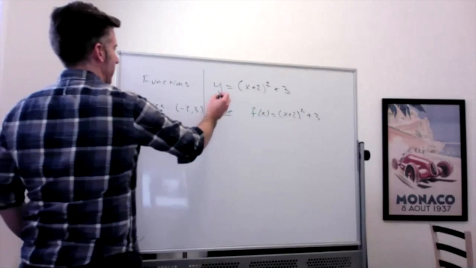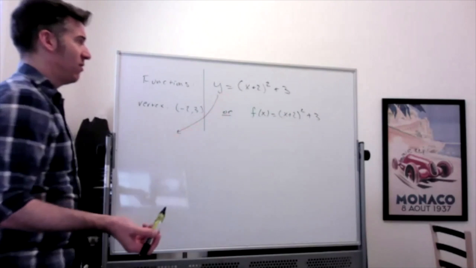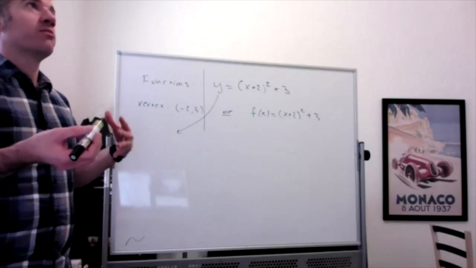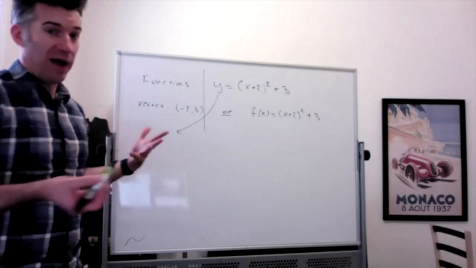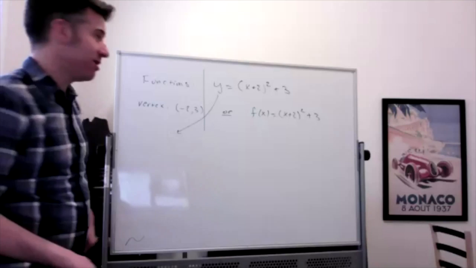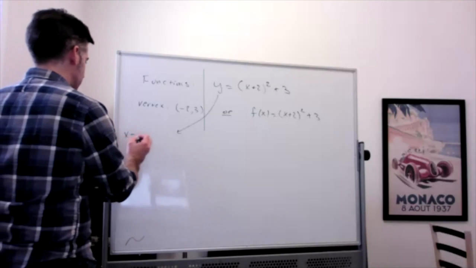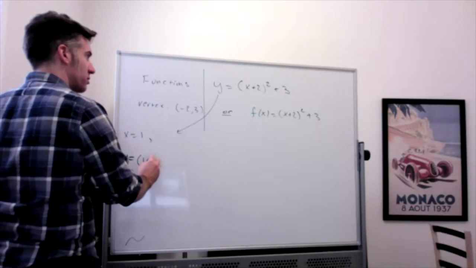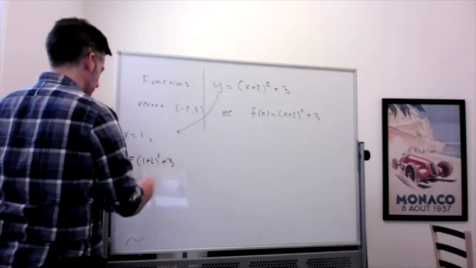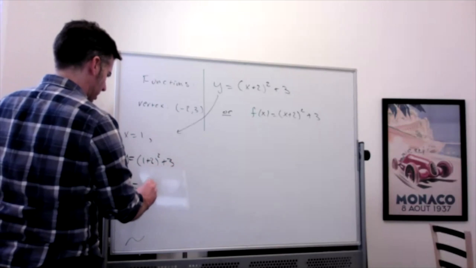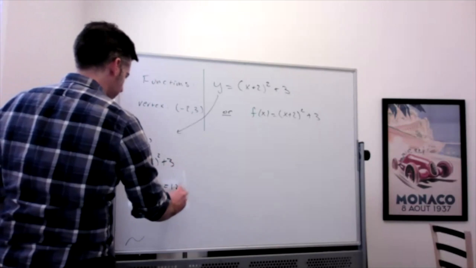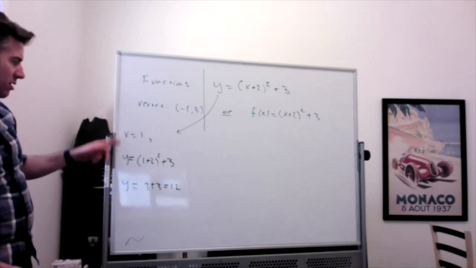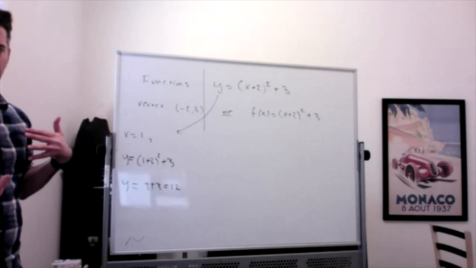What I mean is, for this one, if I wrote y equal to (x plus 2) squared plus 3, and I want to know what y was when x was equal to 1, I could say x equals 1, y equals (1 plus 2) squared plus 3, and I get y equal to 9 plus 3, which is 12. To really know that the point is (1, 12), I have to write x and y.